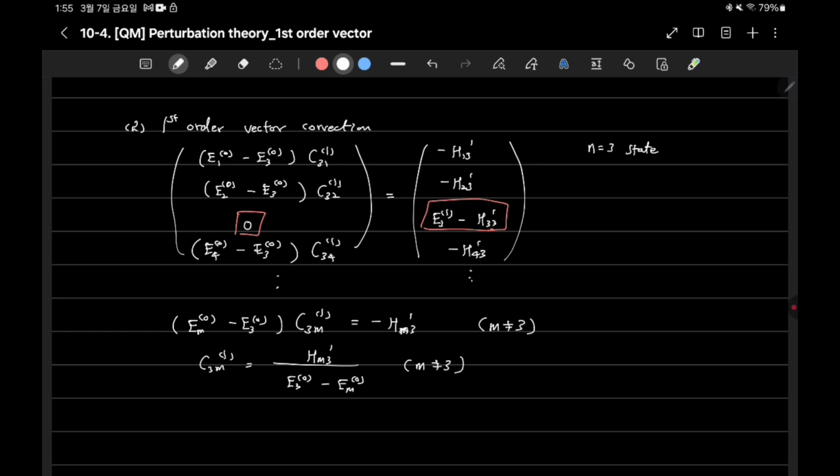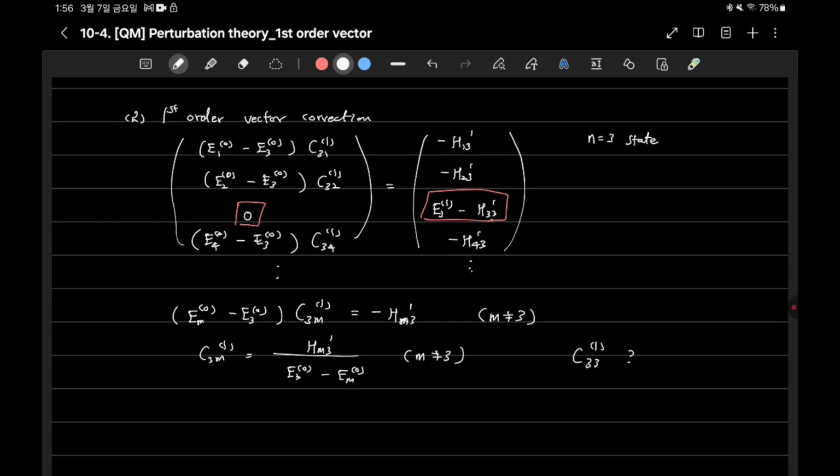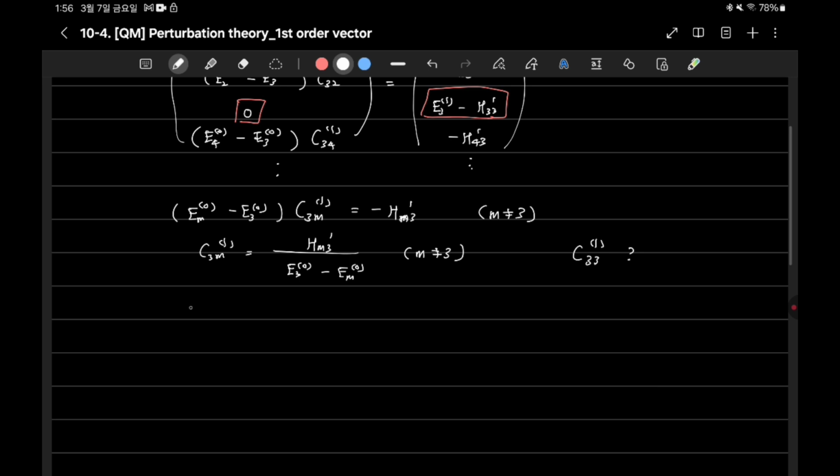Actually, we don't know C331 here, because M is not 3. We know that the energy eigenstate can be expanded as zeroth order, first order, and second order, and the energy eigenvalue can also be expanded from zeroth order to first order to second order.